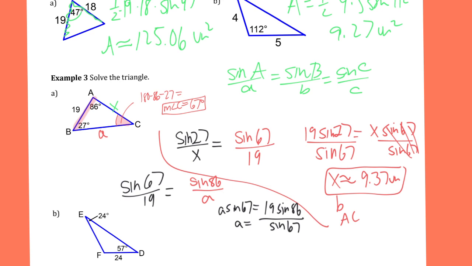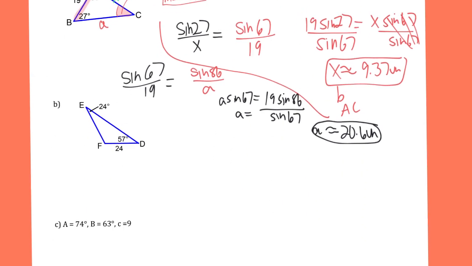If we find that quotient, we will know that A, or side BC, is approximately 20.6 units. It's kind of a weird proportion where the sine of an angle over the related side across from it is equal to, in the same triangle, the sine of another angle over the side that goes across from it. So the law of sines is kind of helpful.